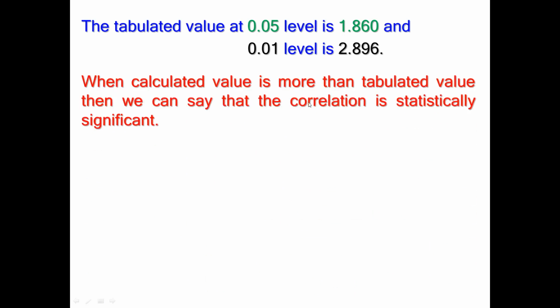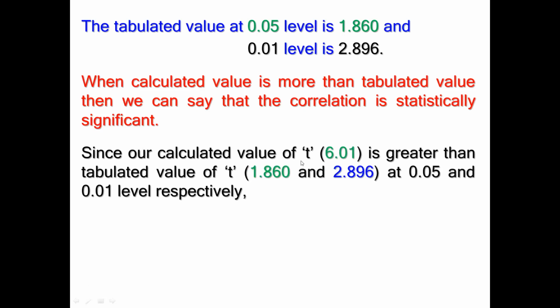So we have obtained these values here for 0.05, as I have said, 1.860, and for 0.01 level it is 2.896. When our calculated value of t is more than the tabulated value, then we can say that the correlation is statistically significant, and that is only the testing of level of significance.